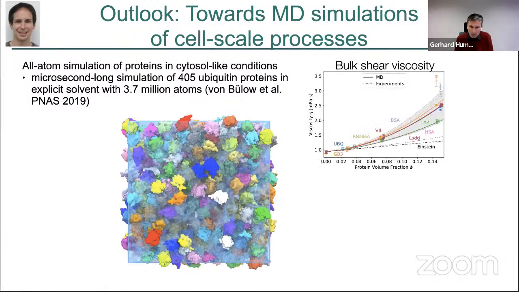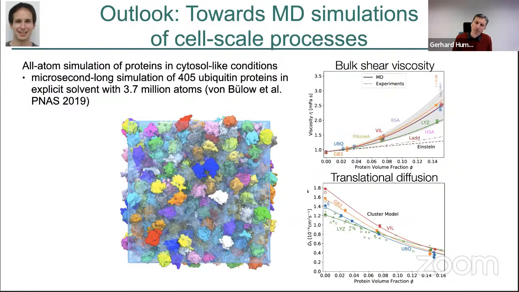And what he found is that when you look at the materials properties of these concentrated protein solutions, for instance, in terms of shear viscosity or diffusivity, his simulations were in agreement with experiments over the entire concentration regime, all the way up to the densities you would expect inside a living cell.